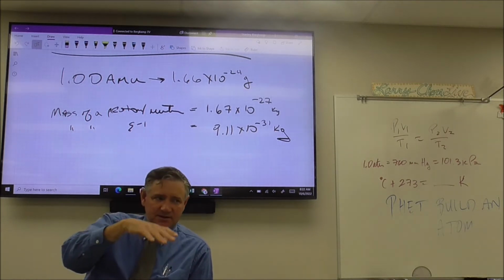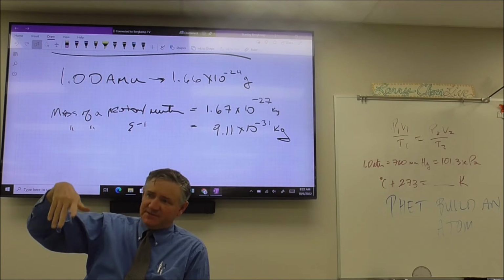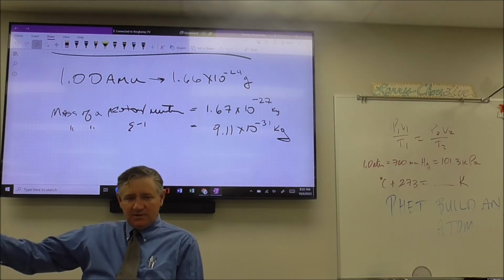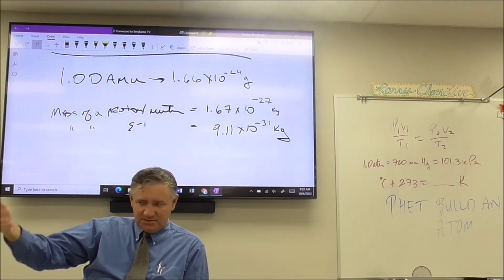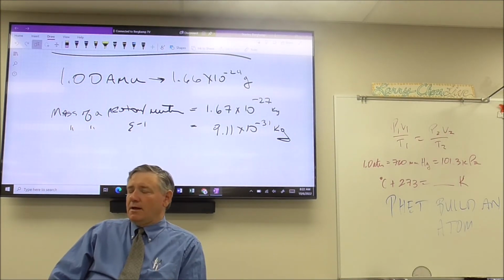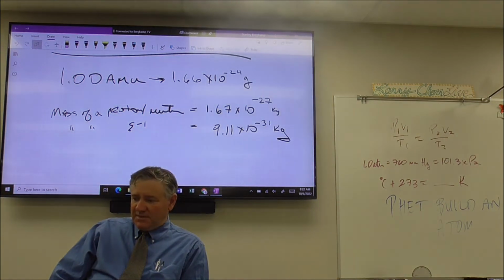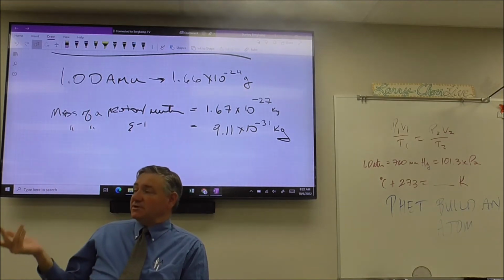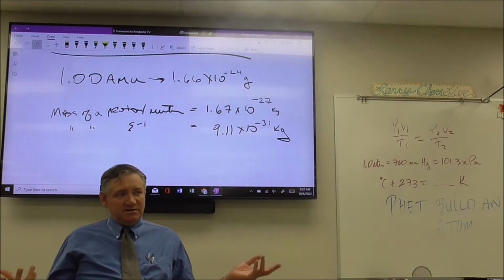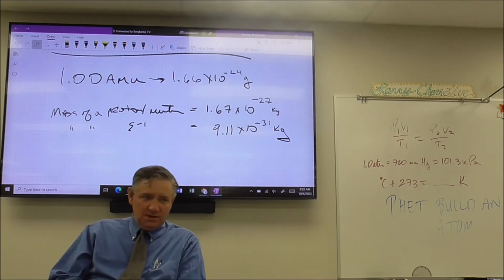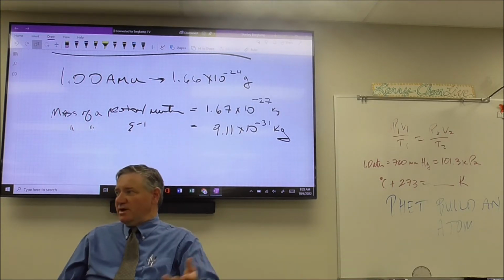Rutherford then came along and shot the alpha particles. These are all physicists. They said, okay, the nucleus is very dense, it's positively charged. That created a problem because the protons should repel each other. And so then they said, okay, how do you find the mass of an electron? How do you find the mass of a proton? It isn't like, hey, let's figure out what a Chick-fil-A sandwich weighs.